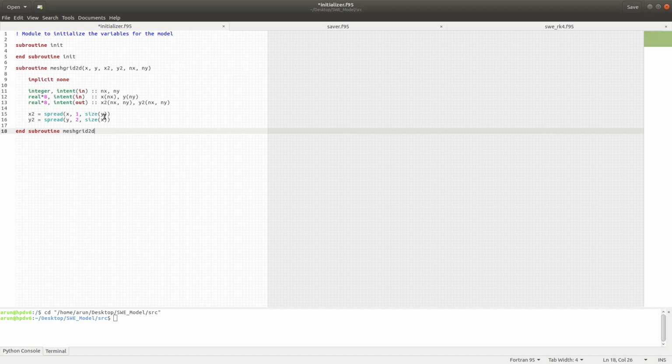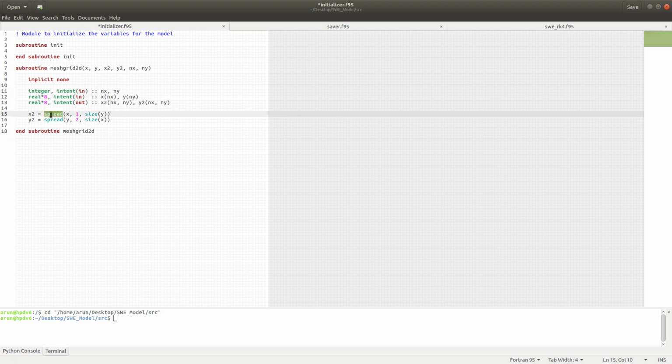I'm just going to paste it down over here. Okay, so this meshgrid 2D is going to be a very small subroutine which I found on the internet when I was searching. If you want to generate mesh grid values, let's say, for each and every grid point you want the x coordinate and y coordinate, all you have to do is pass in the initial one-dimensional variables, the two-dimensional variables that are going to hold their sizes, and then the length or the number of dimensions of these variables x and y accordingly, just like this.